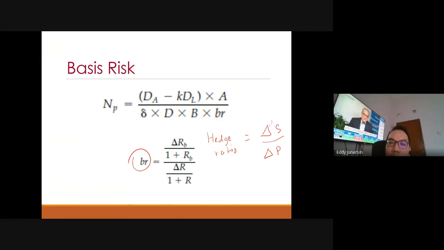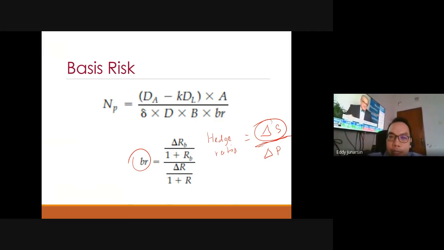So the change in interest rate in the real world might not correspond perfectly with the change in interest rate in the option world. In our previous example, we assumed that both interest rates moved exactly the same, not only in the same direction but also in the same magnitude.